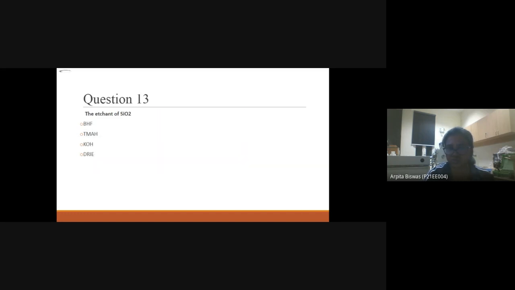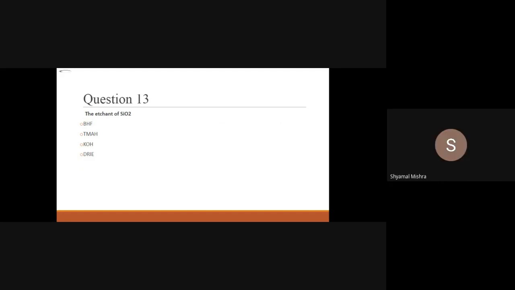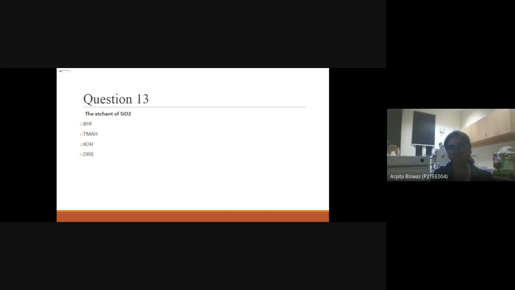After two, three questions, we will discuss this question. 270 means it is 45 degree if we are taking this side. And if it is 360, it means there is no secondary cut. So what is happening in that case? We will discuss later.